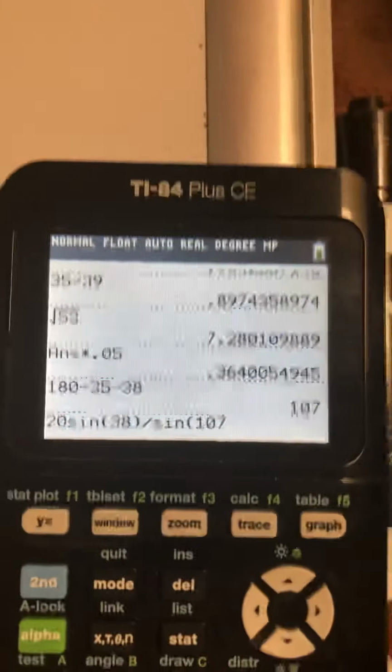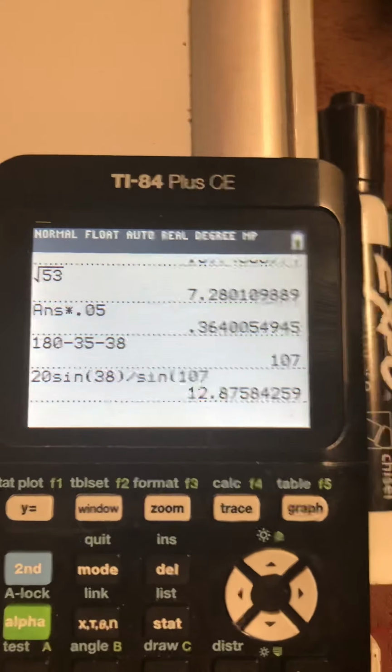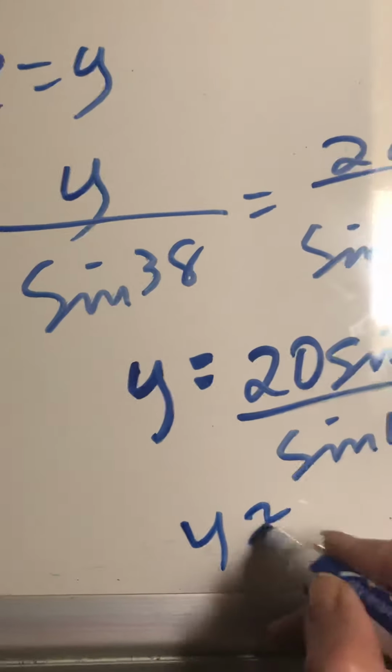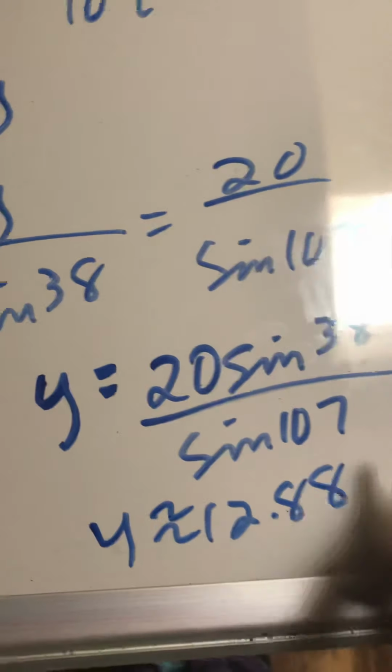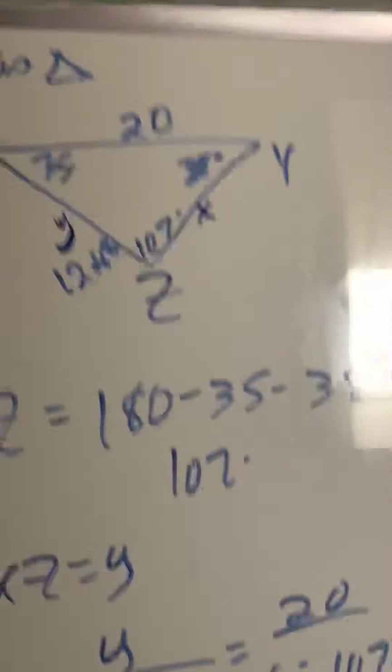Then you hit enter and round to whatever you're asked to round to. We're going to round to the nearest hundredth, so Y is about 12.88.